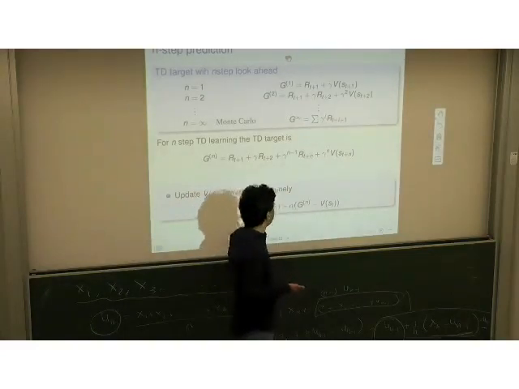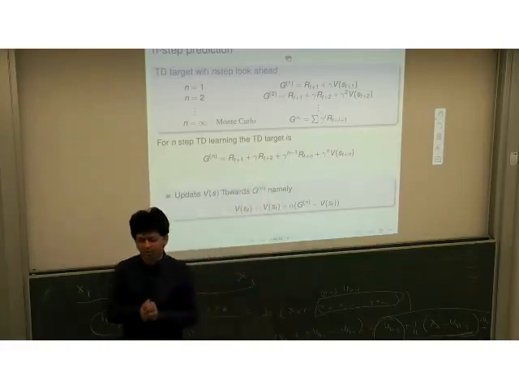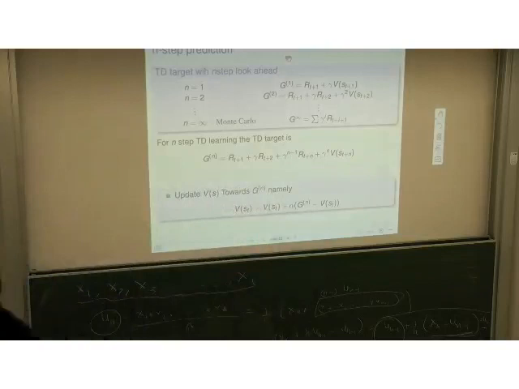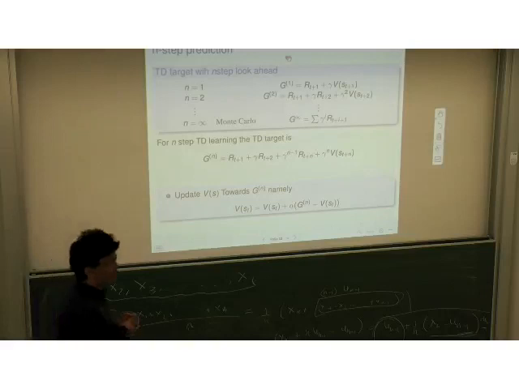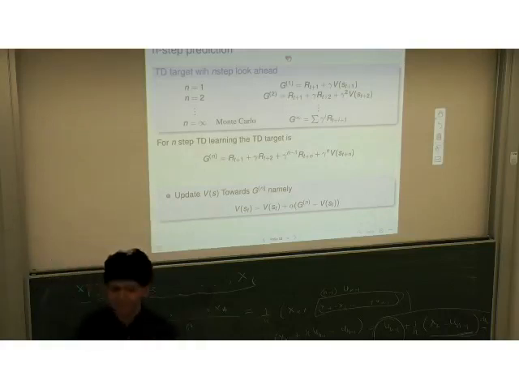This is the same idea as before. But it's not clear whether n-step is better, or which n is better, whether 2 steps or 10 steps. It depends on the policy, the problem, and various things.